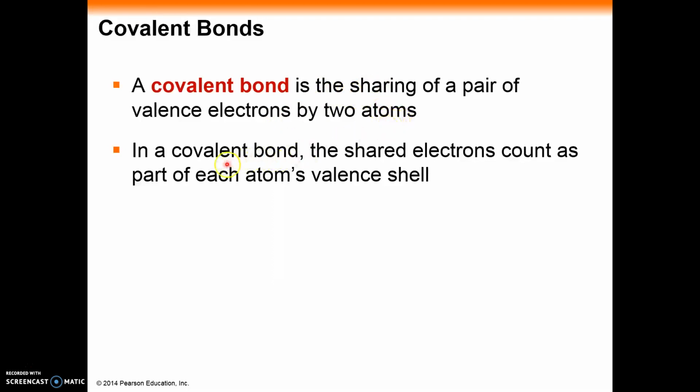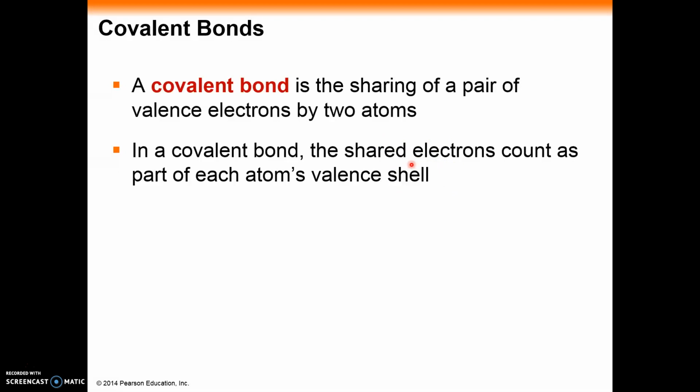Okay, so in this covalent bond, each atom considers the shared electrons to be their own. Okay, so in this case, both atoms who are sharing this electron gain a benefit.